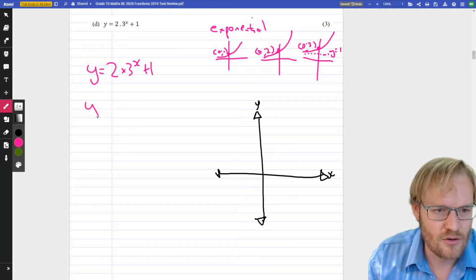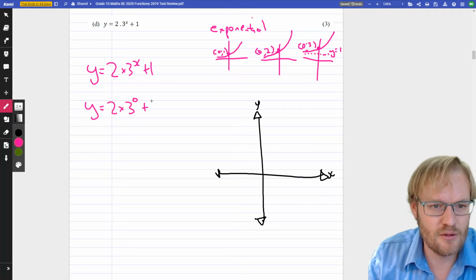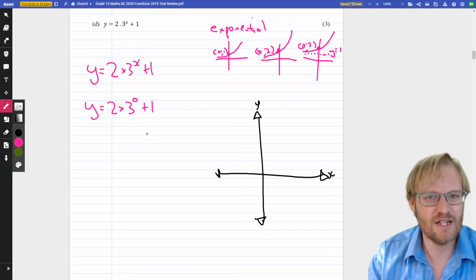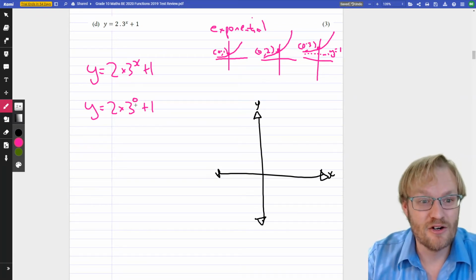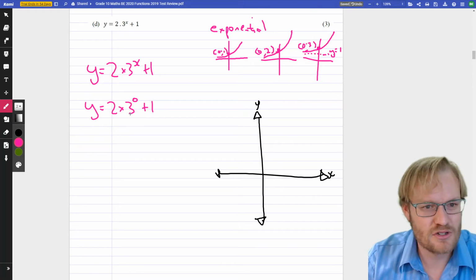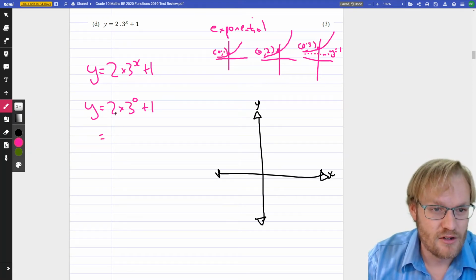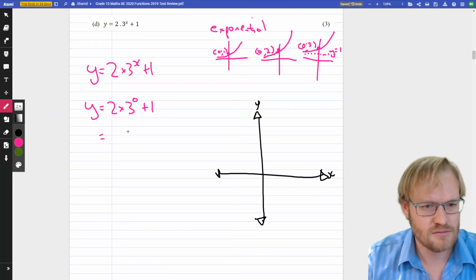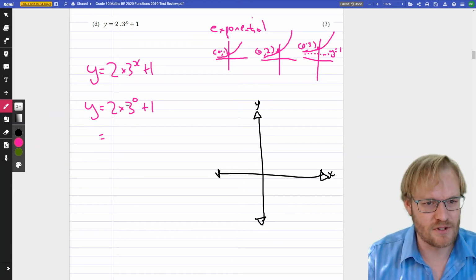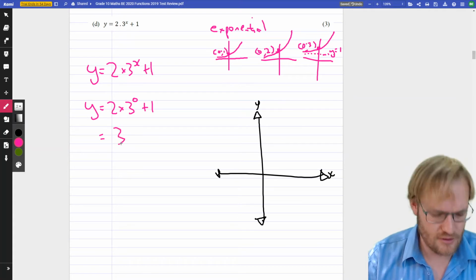Always. So y equals 2 times 3 to the power of 0 plus 1. And you see why substituting x equals 0 works so nicely, because it's just going to get us home all the time. So 3 to the 0, anything to the power of 0 is 1. And 2 times 1 is 2. 2 plus 1 is 3.